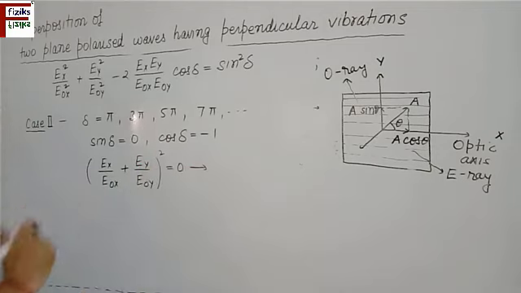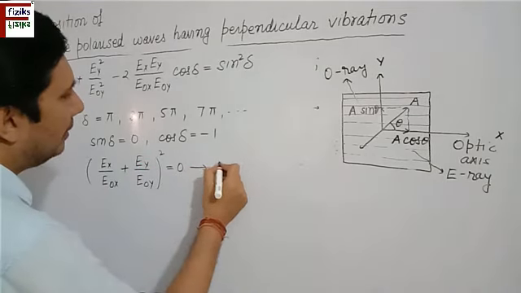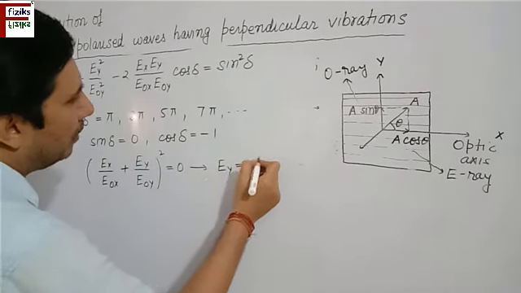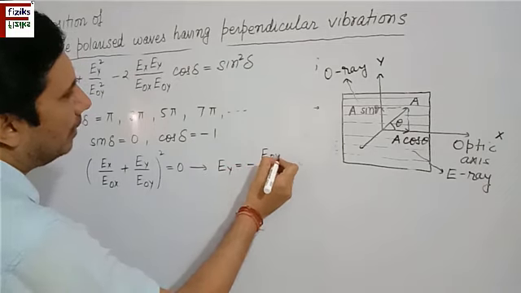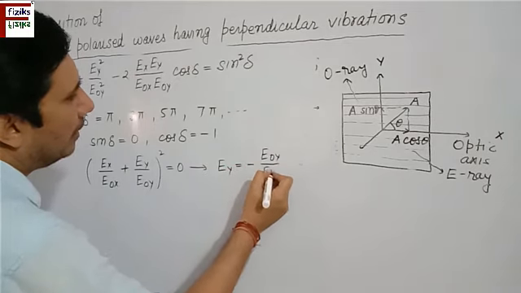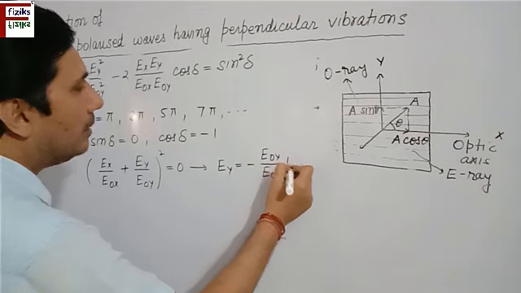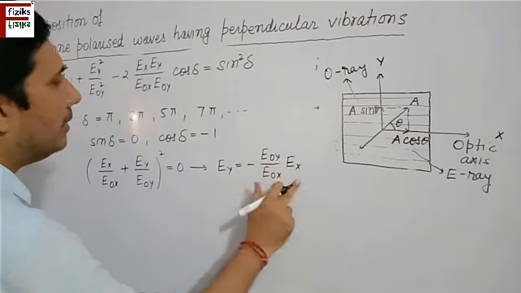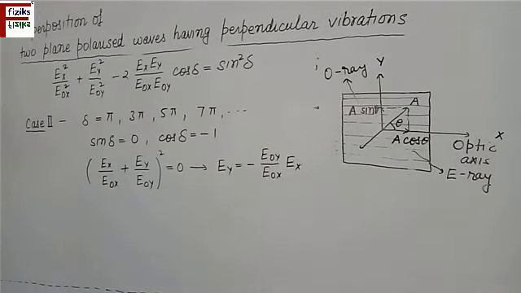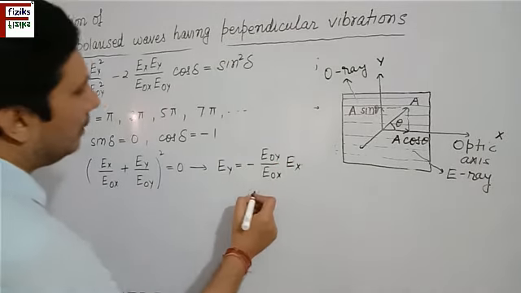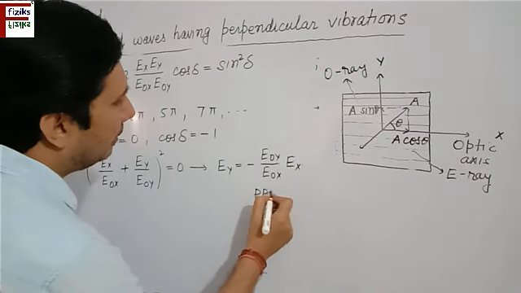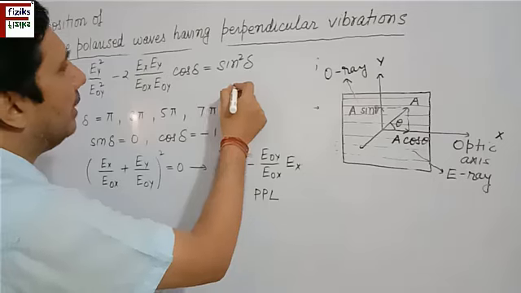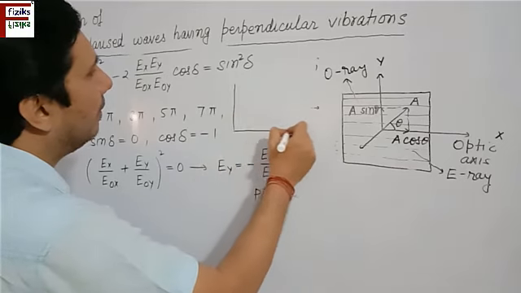I can write this equation as Ey is equal to minus E naught y upon E naught x times Ex. This is again a linear equation, y equal to mx, but with negative sign. So this is a plane polarized light and its electric vector will be like this.